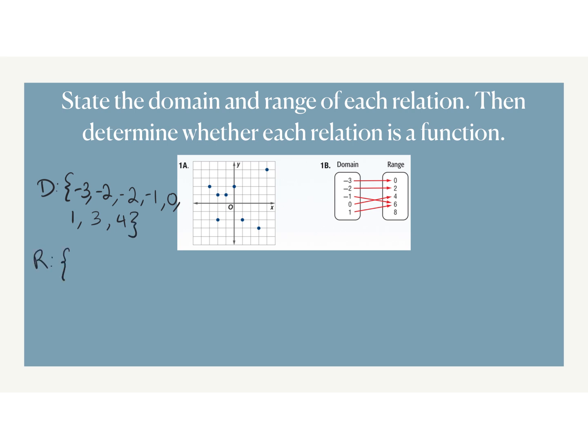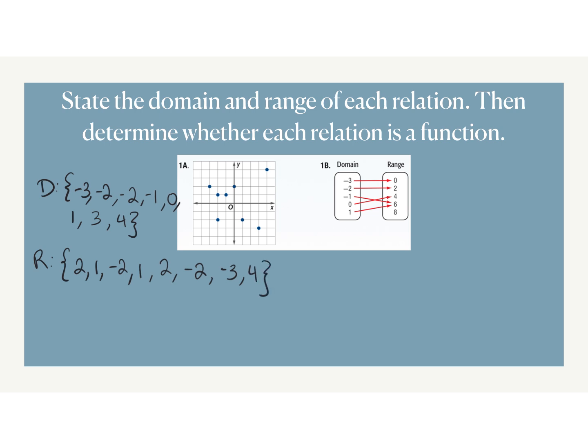And then for the range, again, it's the y value from all of those points. Now for the range, like I said, you should match it when it's a graph and a chart. So let's do it. It's going to be 2, 1, -2, 1, 2, -2, -3, comma 4.